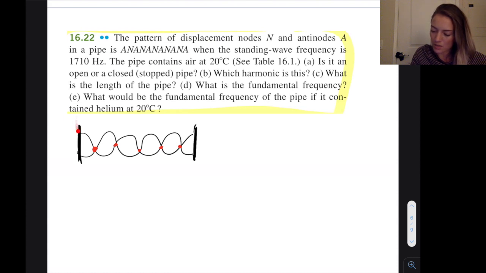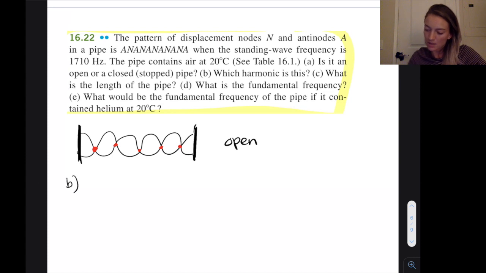It starts and ends with an antinode, and then we have 5 nodes in between, and then an antinode in between each node. So they want to know first, is it an open or closed pipe? Well, it's open because we can see it has an antinode at each end, and you can see that right from here. It has an antinode on each end, so it's an open pipe. So this is open. Then for part B, which harmonic is this?